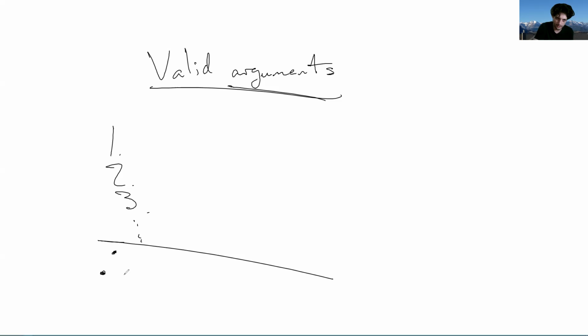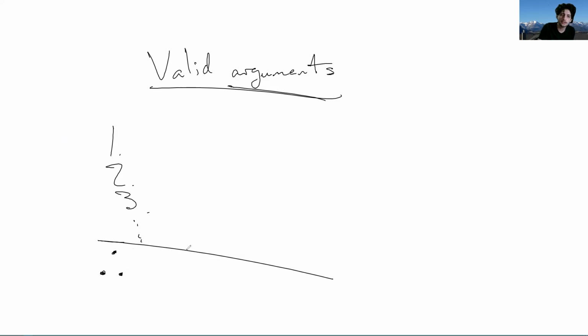These three dots just mean therefore. The idea is an argument is a list of sentences where the last one is the conclusion and the rest are premises.